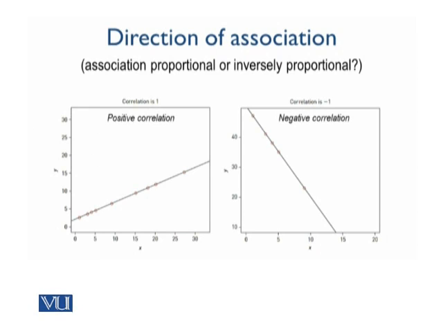But if you have a negative correlation, the slope of the line would be going downwards as it moves towards the right-hand side. So this is known as a negative correlation. Intuitively, this means that an increase in the x variable is producing a corresponding decrease in the y variable.